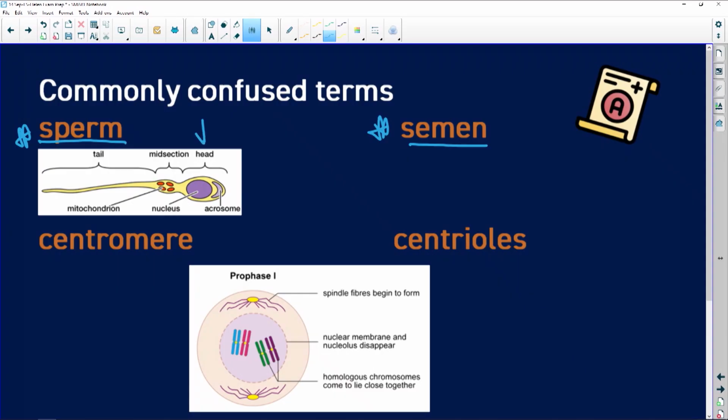All right? So when we're focusing on sperm itself, we're talking about a cell. We're talking about a very specialized cell. Look, it's got this head part to it, it's got a midsection or a neck, and it's got a very long tail. And all of that is one cell. Here's the nucleus.